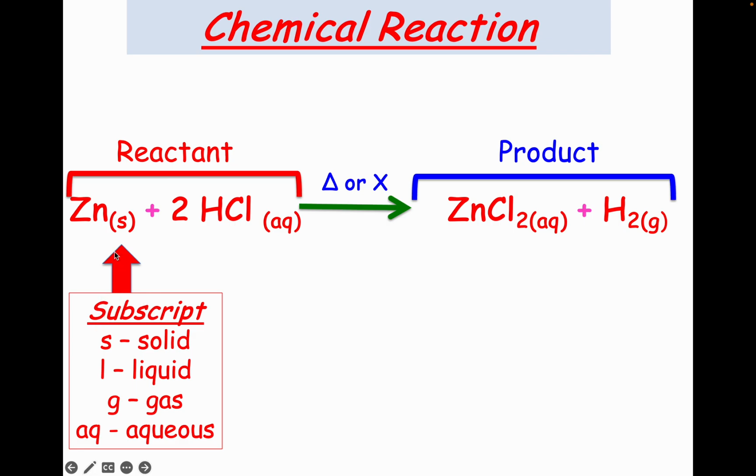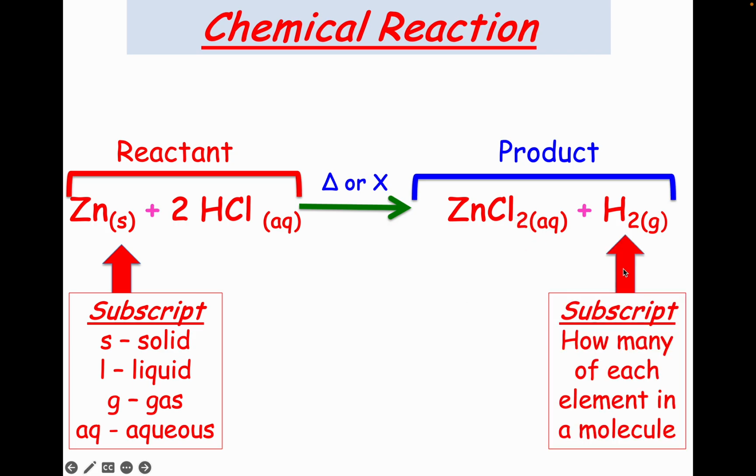So the subway is on the bottom. So the subscript is on the bottom. And if you have a letter there, it is going to tell you the state of matter. So a solid, liquid, or a gas. AQ stands for aqueous, which means it's dissolved in water. For example, hydrochloric acid is dissolved in water, or zinc chloride is a salt that is dissolved in water.